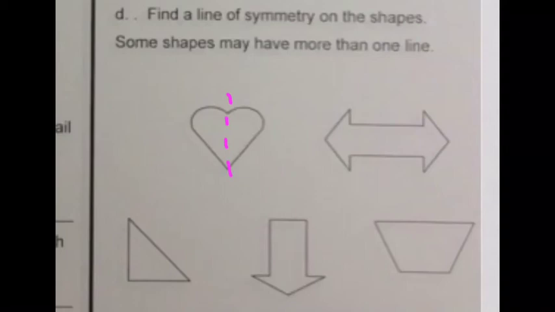The double arrow has a horizontal line where each half would fold over, and a vertical line. The triangle has one line of symmetry, a diagonal line. The down arrow has one vertical line of symmetry. And the trapezoid has one line of vertical symmetry.